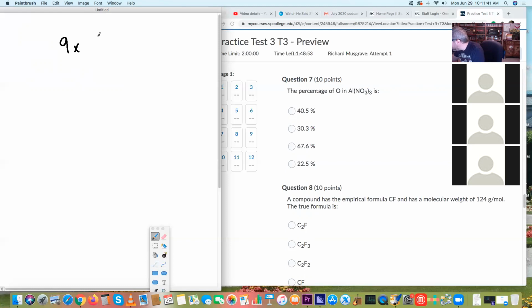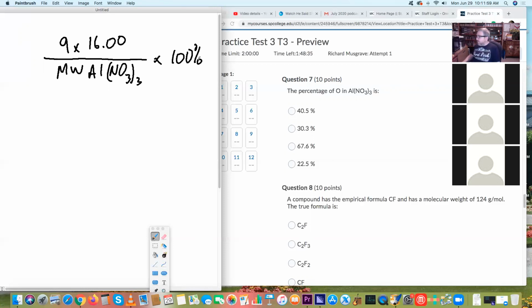We've got 9 times the mass of oxygen, which is 16.00, divided by the molecular weight of the entire compound, Al(NO3)3, multiplied by 100%. Then we would pick out whatever result is closest to that. I won't do that anymore unless anybody's got any questions. Anybody got any questions about number 7?